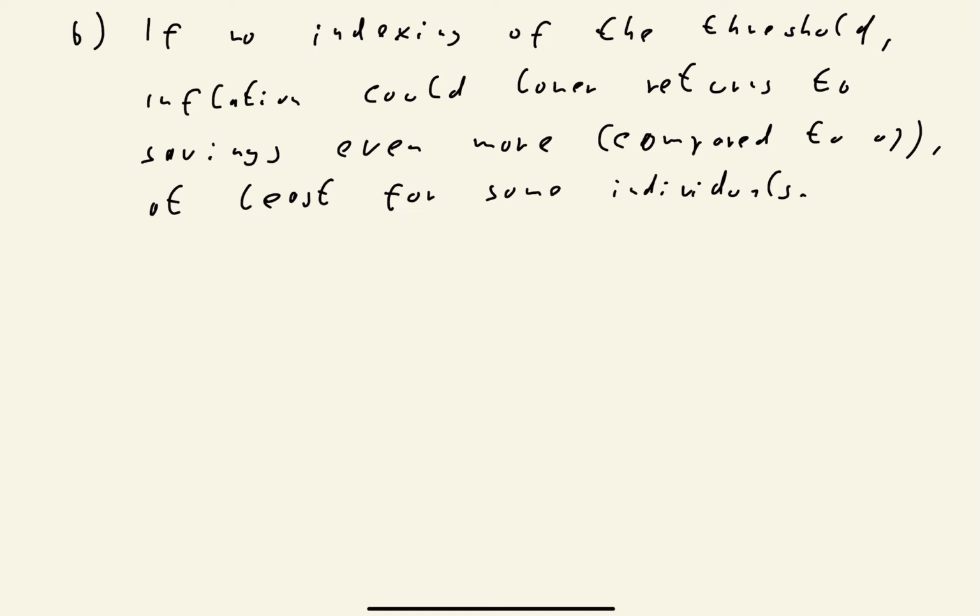And the reason is simply because if there is no indexing of this threshold, what could happen is that the inflation will push some individuals into higher tax brackets when they get older.